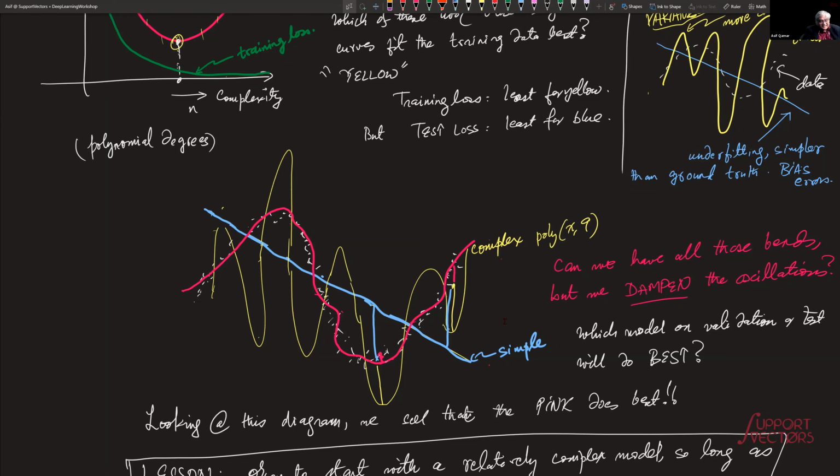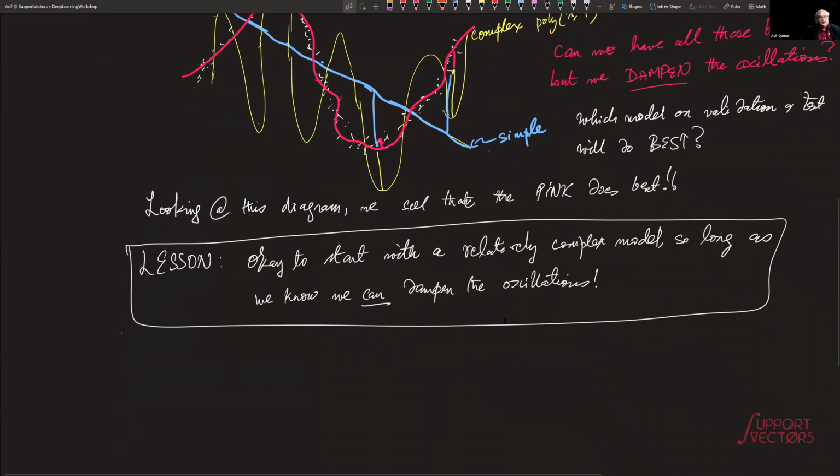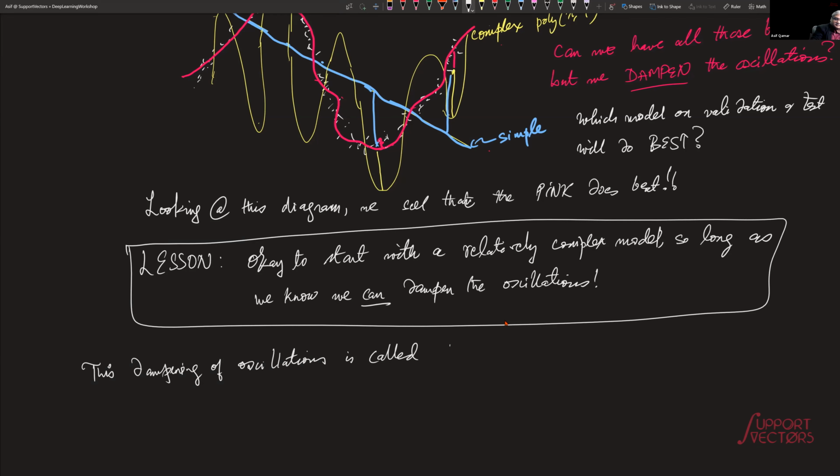So this process of dampening the oscillation and not overfitting is called regularization. And in the statistical community, they also call it shrinkage.